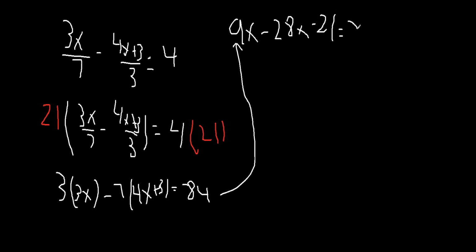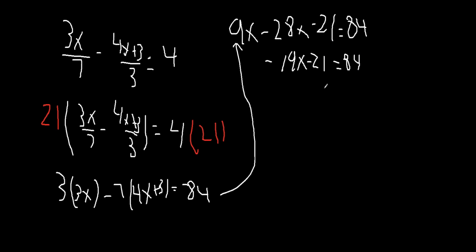And that gives us 84. So now we can simplify this, so we get 9x minus 28x, and that's equal to negative 19x minus 21, which equals 84.